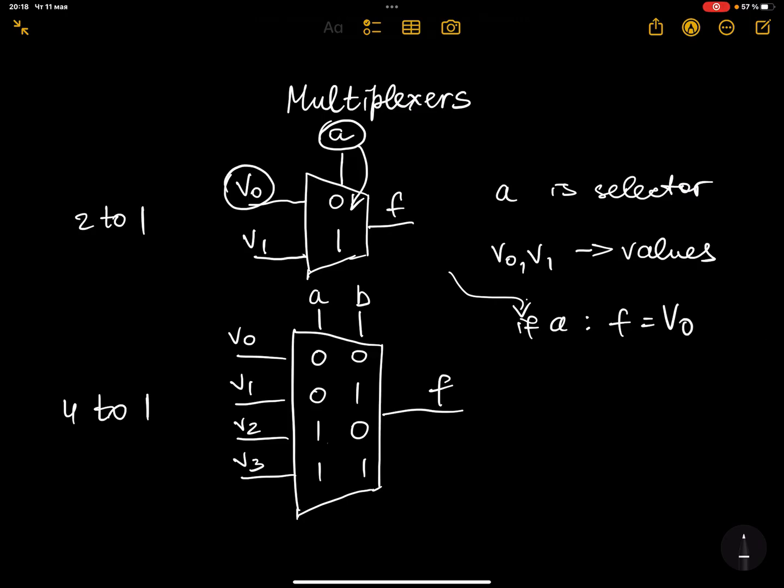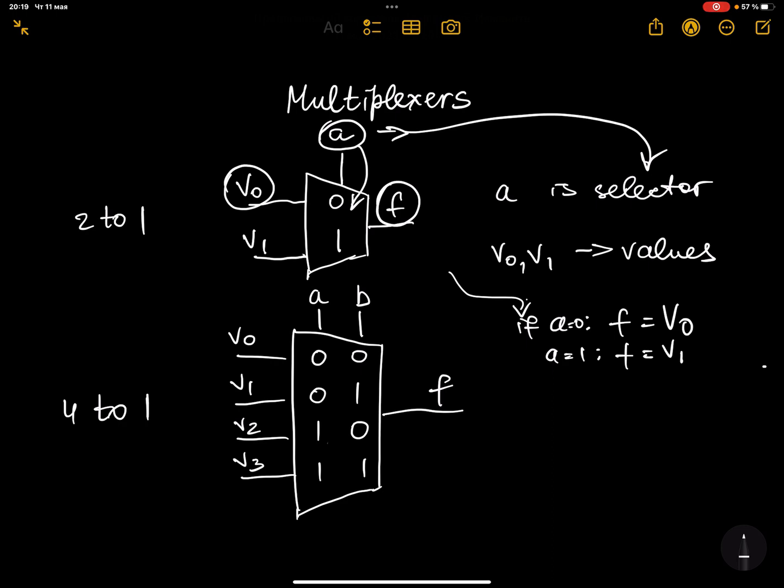If the value of a is 1, the value of the function is going to be v1. So the value of function f depends on the selector, which is a. This is a selector, as I've written here.